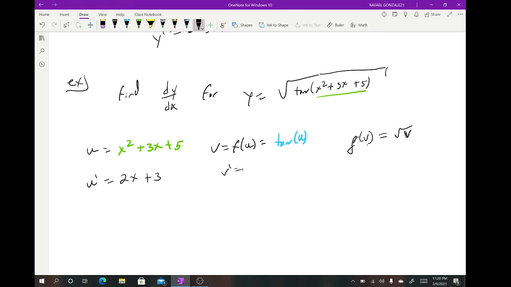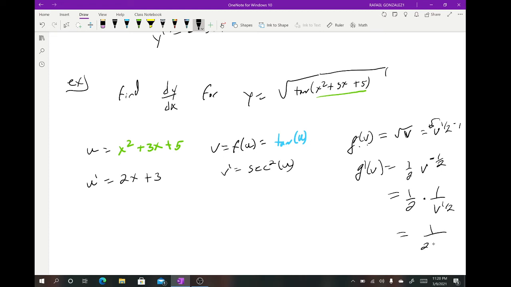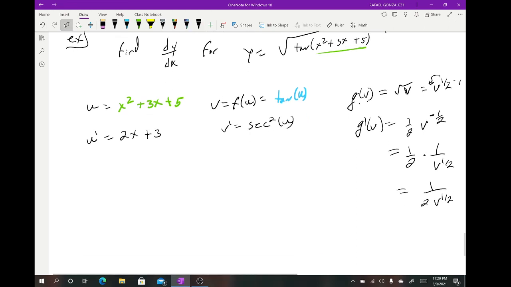The derivative of v is going to be equal to, we did this last class, secant squared of u.